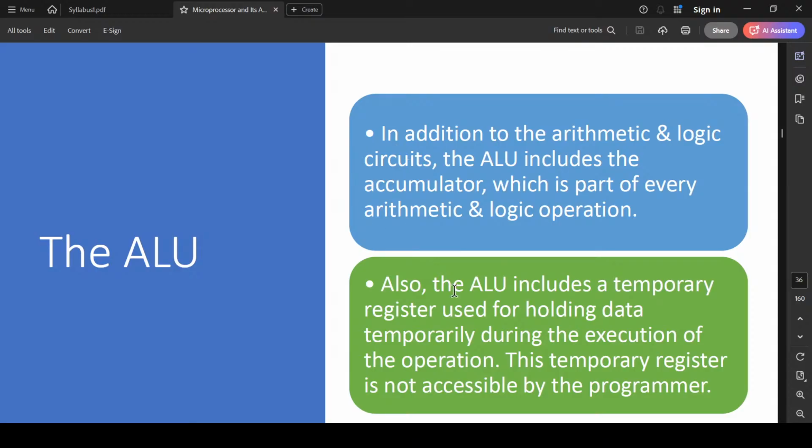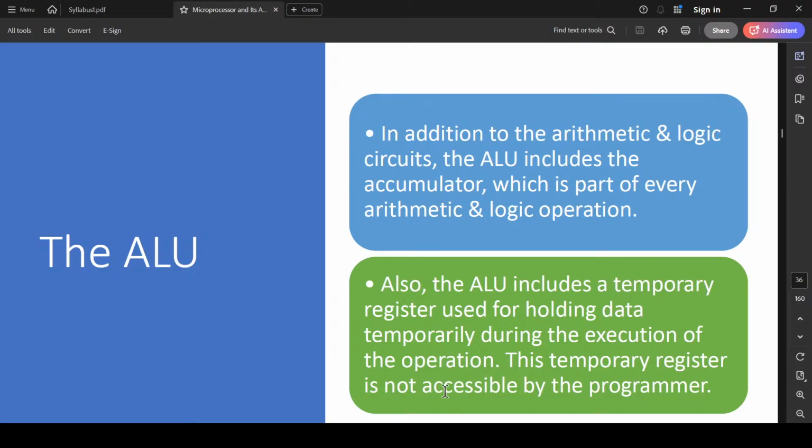Also, the ALU includes a temporary register. You can just say it includes an accumulator and a temporary register for holding temporary data during the execution of the operation. This temporary register is not accessible by the programmer. Maybe I can because I'm not a programmer. So a programmer cannot access it. What about a non-programmer? Okay, so it is non-accessible.